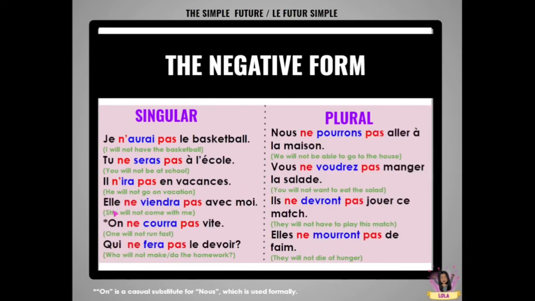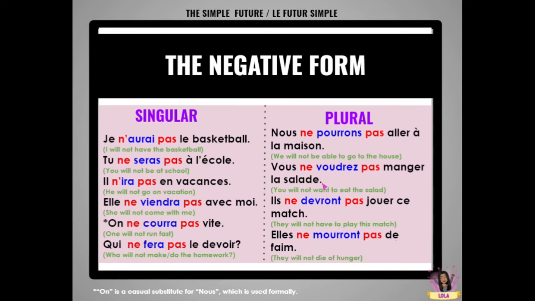Going on, elle ne viendra pas avec moi. On ne courra pas vite, qui ne fera pas le devoir, nous ne pourrons pas aller à la maison, vous ne voudrez pas manger la salade, ils ne devront pas jouer ce match, elles ne mourront pas de faim.